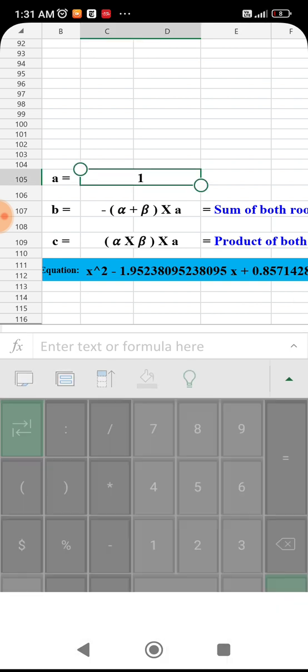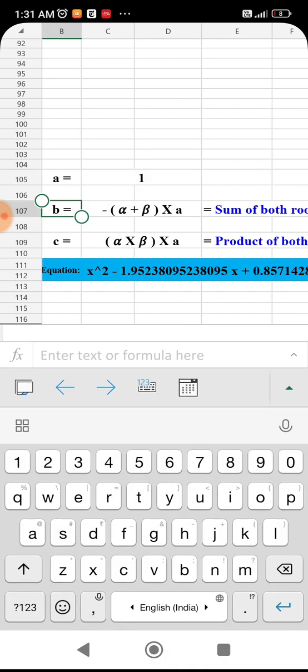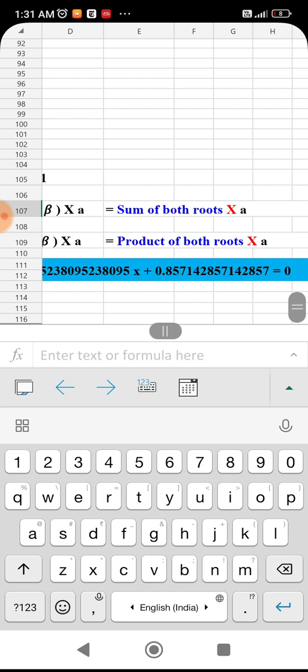The coefficient A will always be 1, and the coefficient B equals minus of alpha plus beta into A. The value of A is 1, so that means the sum of both roots into A. Sometimes in your question the sum of both roots and the product of both roots are given, and you have to write the quadratic equation.